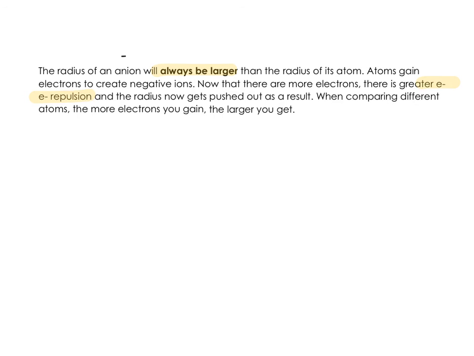So if we take a look, let's say at nitrogen. Nitrogen will form a 3 negative ion. So the nitride ion is about 170 picometers. Its atom was only about 70 picometers.